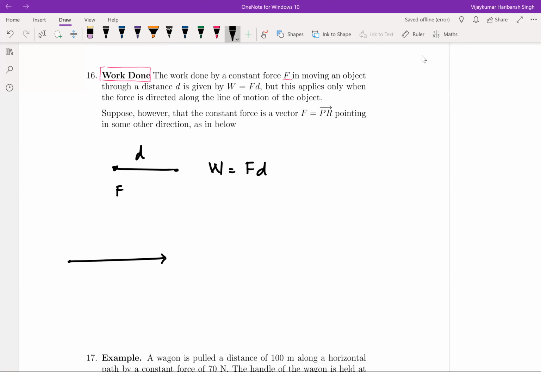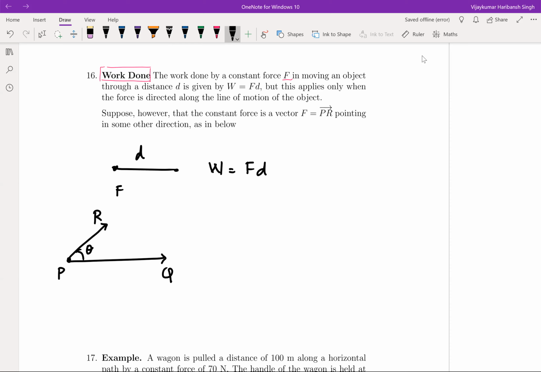You have a force which is given by PR acting on a particle here, and the displacement happens from P to Q. So let this angle be theta, and we want to basically find out the work done.